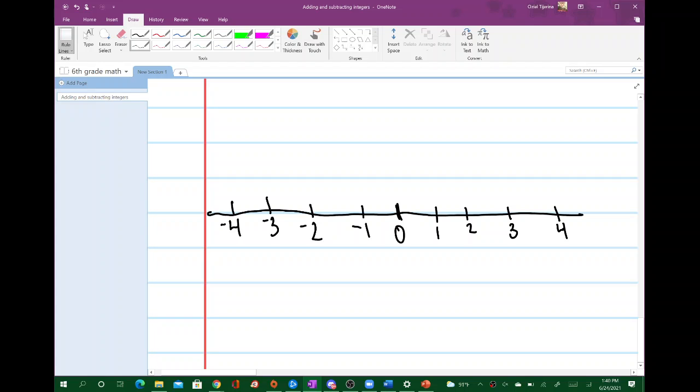So let's just say I have negative 4 plus 3. What is that going to be? You're wondering, that looks different than what we've been used to.